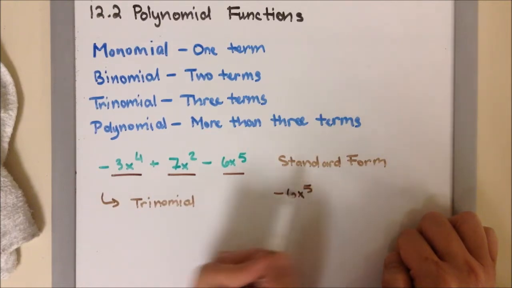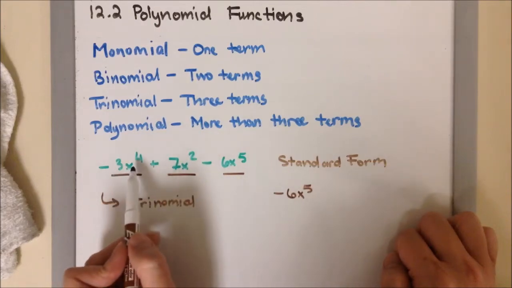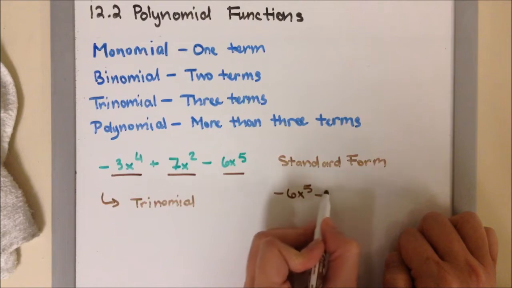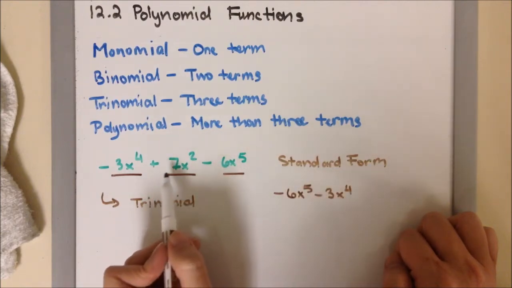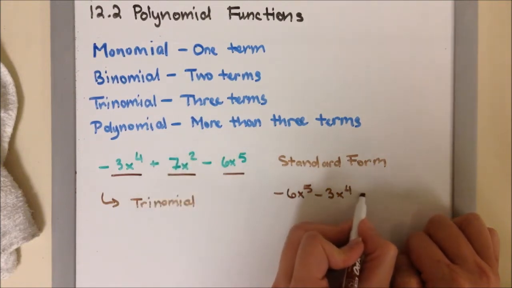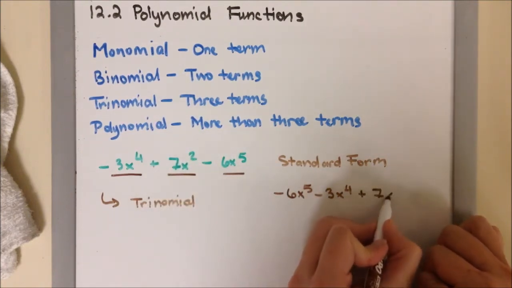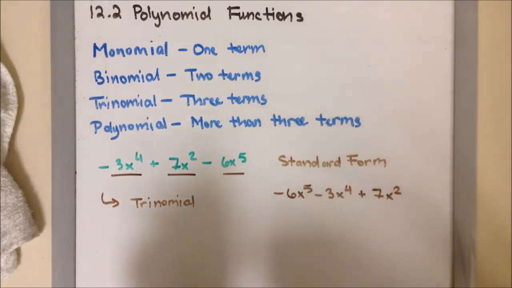And then what comes after is the second highest, which is the fourth power, so I'm going to write minus 3x to the fourth power. Last is the 7x to the second power, so I'm going to write plus 7x to the second power.